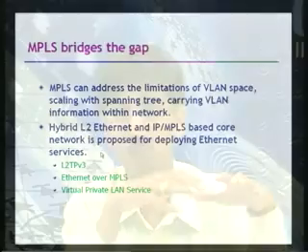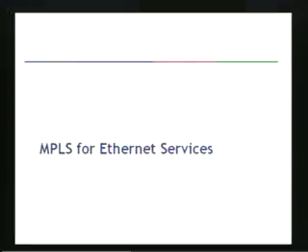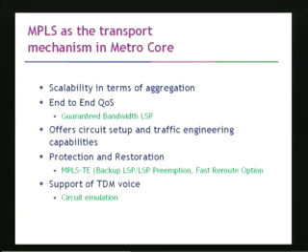So, basically what is going to happen is that as far as the first mile and the metro access are concerned, maybe we can run Ethernet in the native mode, but as far as the core or transport network is concerned, to provide Ethernet based services, MPLS will have to be used as the transport technology. So, let us look at the issues that are involved for MPLS for Ethernet services.